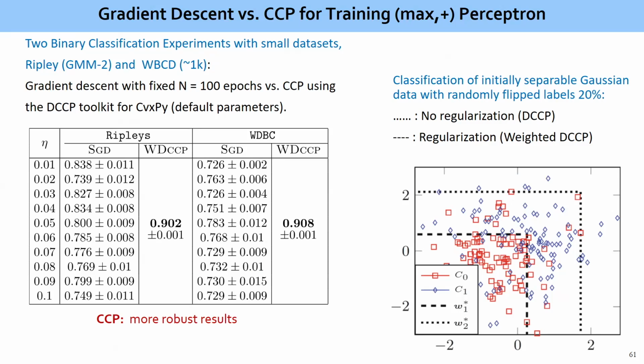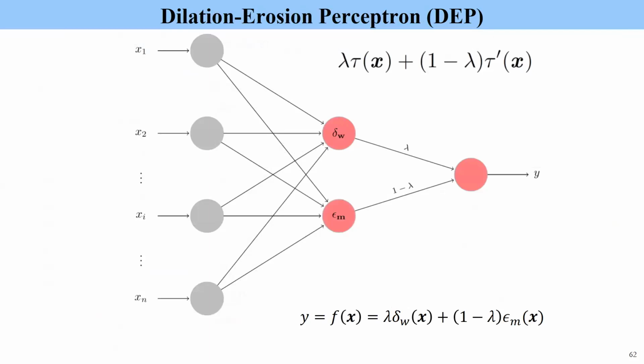So for small data sets, I think it's worthwhile to explore this convex concave programming approach to designing neural nets. For large data sets, we have found that this convex concave programming is time consuming. So we resorted to stochastic gradient descent for large data sets.